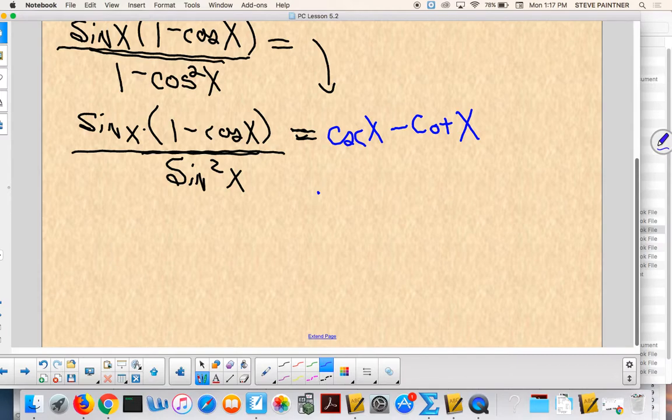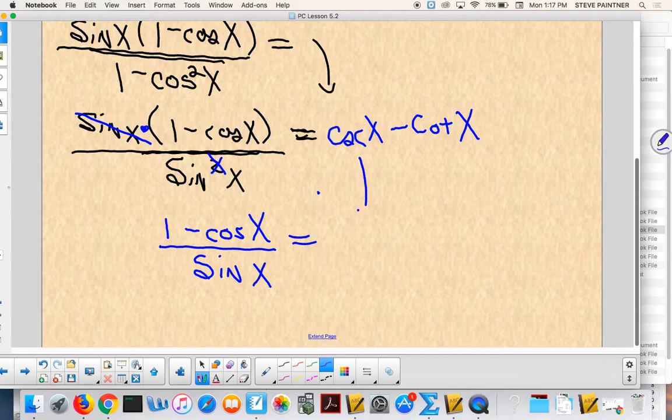Sine of x cancels with one of those sines. Well, just sine is left, right? So now what do you have? 1 minus cosine of x over sine of x equals supposedly that.